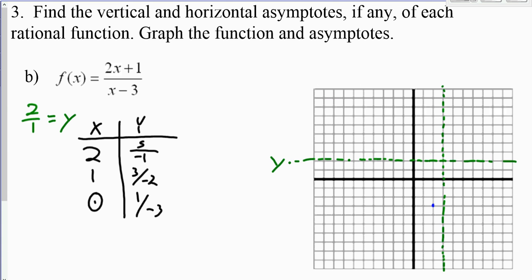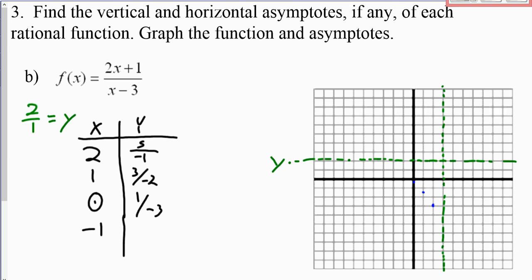At x being 1, I'm at negative 3/2, so negative 1.5. At 0, I'm at negative 1/3. Okay, and as I get further out, I can test another point at negative 1.